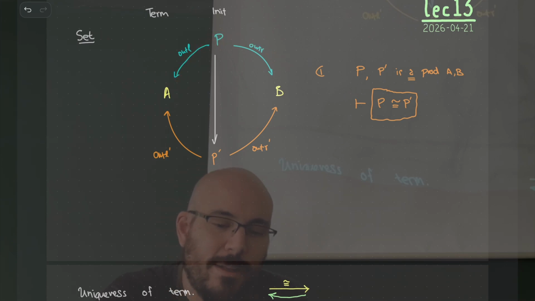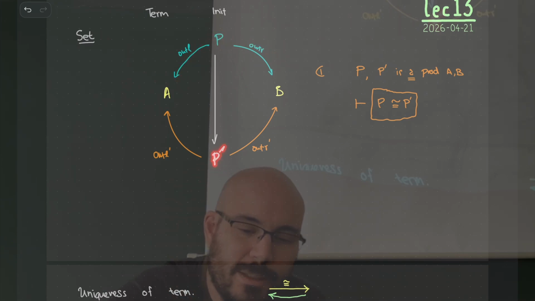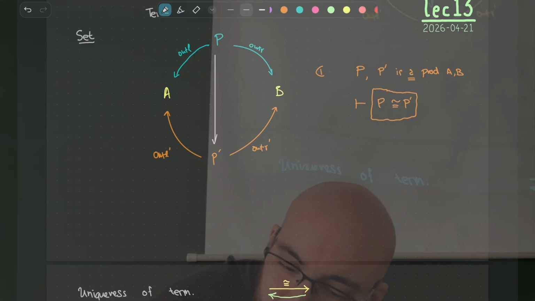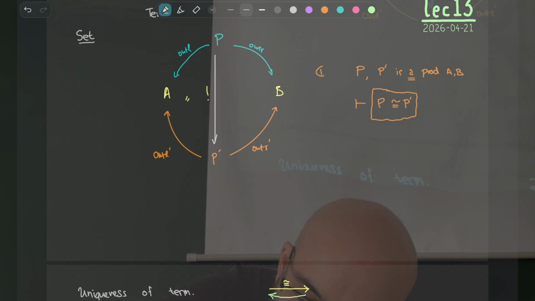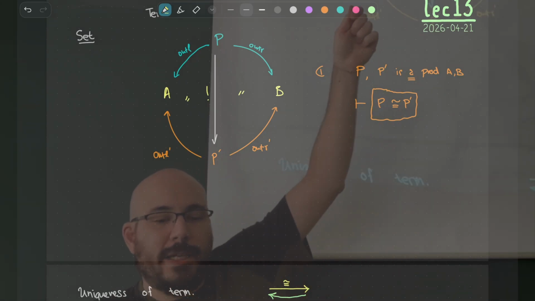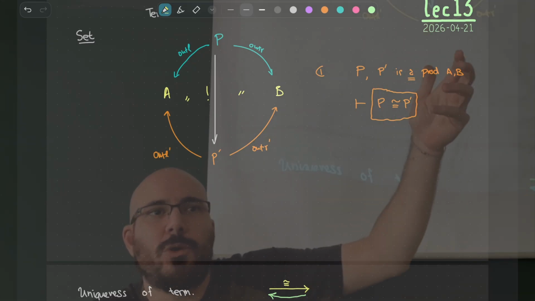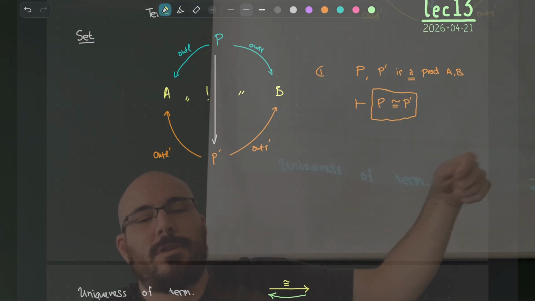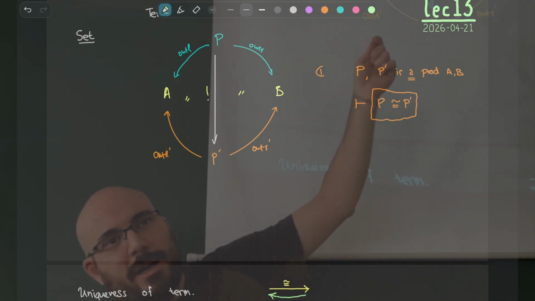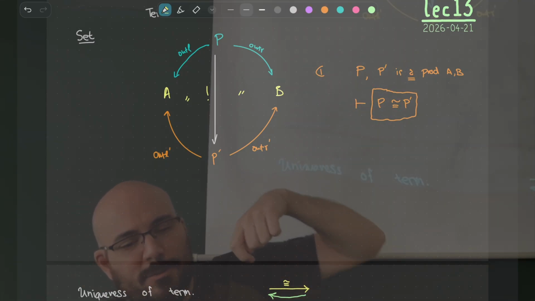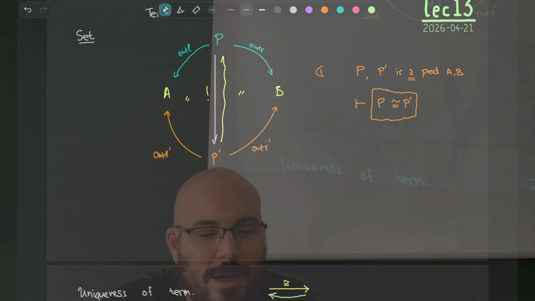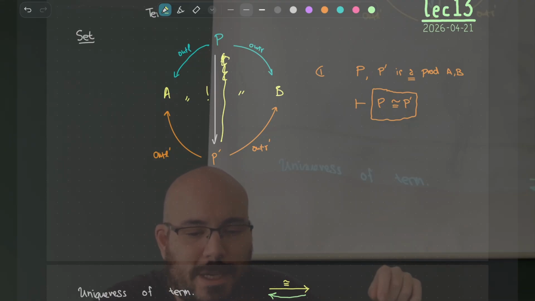So I will take advantage of the fact that it's a product and ask for this thing to give me the unique arrow that makes these things commute. So I get this arrow. And just like before, I would like to show that it's an isomorphism, which means I need an arrow the other way around. And now I do the same thing, because if I start drawing like that, I will lose it, okay?